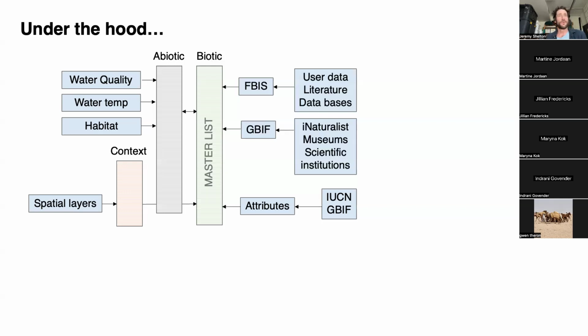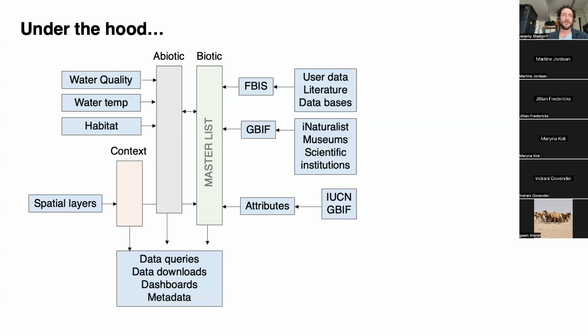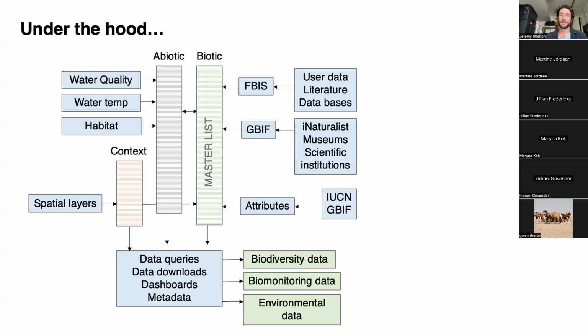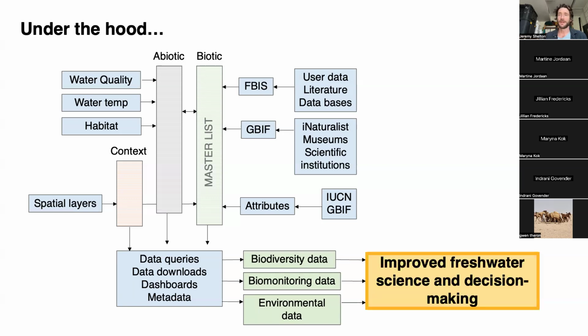And these three pillars are all connected in the platform and allow users to do data queries, to do data downloads, to visualize data on dashboards, and to, at every step of the way, be able to see where each data point comes from. The main outputs are biodiversity data, biomonitoring data, and companion environmental data.